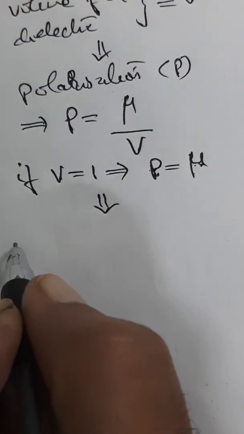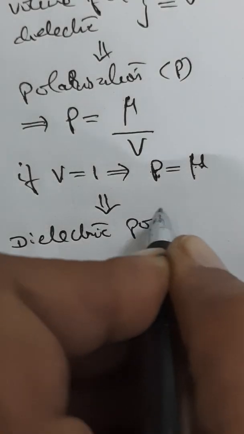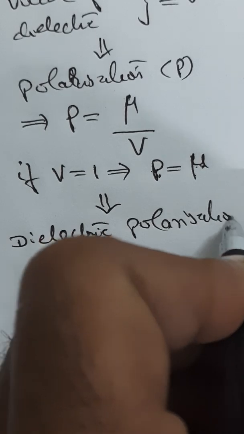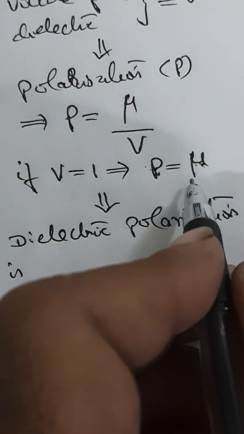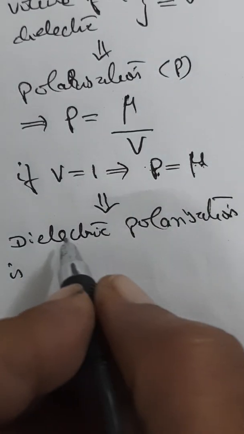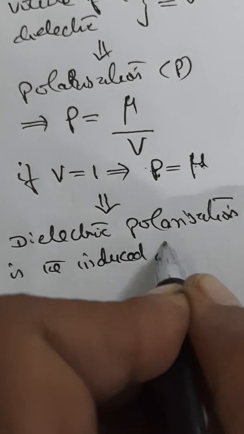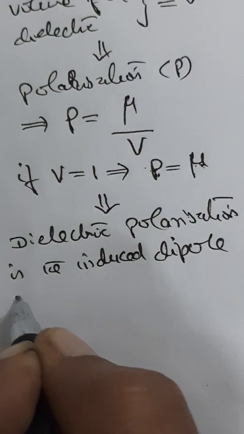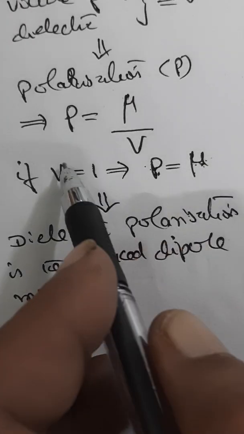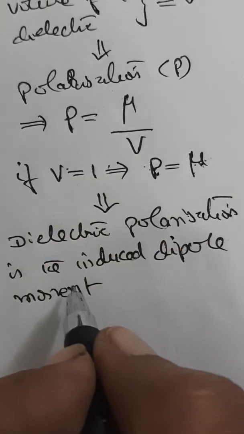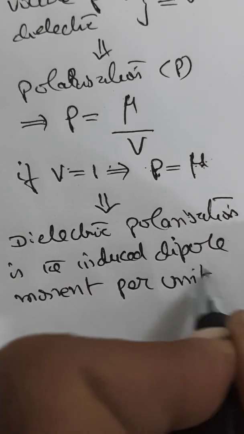So we can conclude like this. So the dielectric polarization is, that is P, right hand side is mu. What is mu? Induced dipole moment. When it is equal to exactly mu, when V equal to 1, so therefore it is induced dipole moment per unit volume.